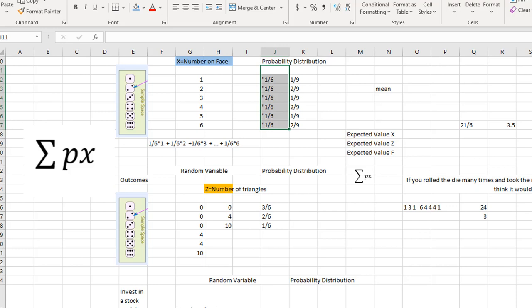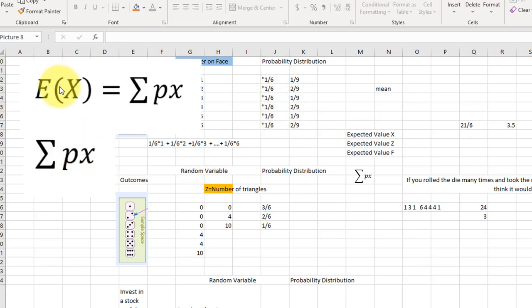That would turn out to be 3.5 in this case, for this random variable with this probability distribution. Here I don't know what it would be. I guess it might also be 3.5 actually. But whatever, that's called the expected value.